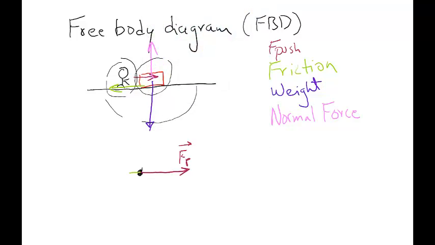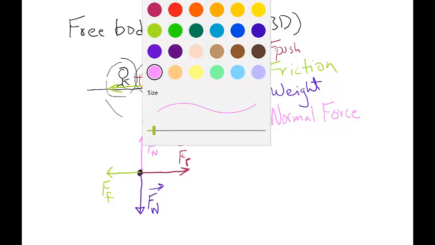The frictional force, F sub little f, extends back that way. The weight, F sub W, extends down that way. And the normal force, F sub capital N, extends up that way.